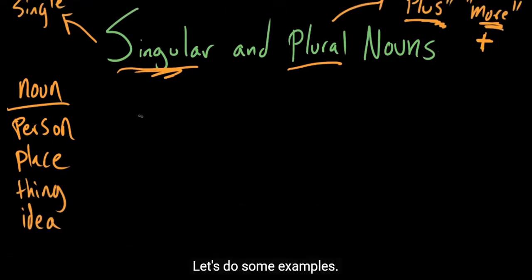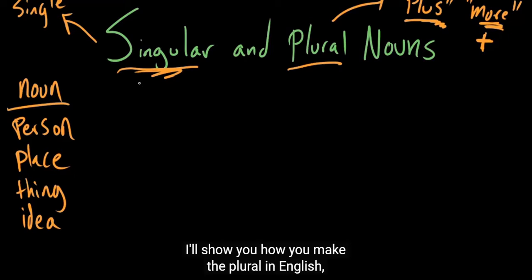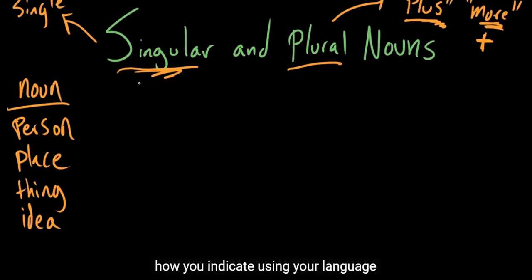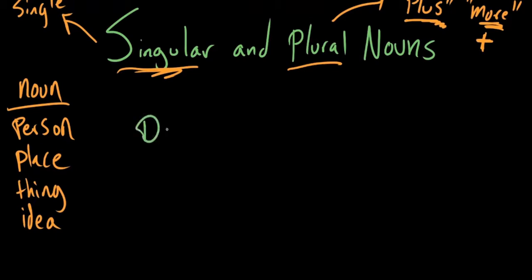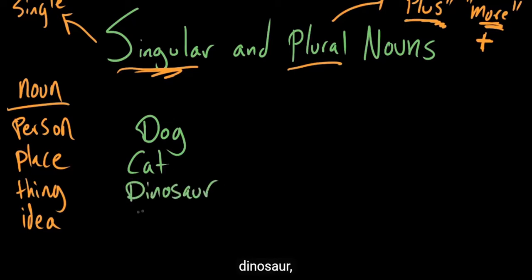So, let's do some examples, and I'll show you how you make the plural in English, how to indicate, using your language, that there is more of one thing. Let's just throw out a couple of words. We got dog, cat, dinosaur, and whale.